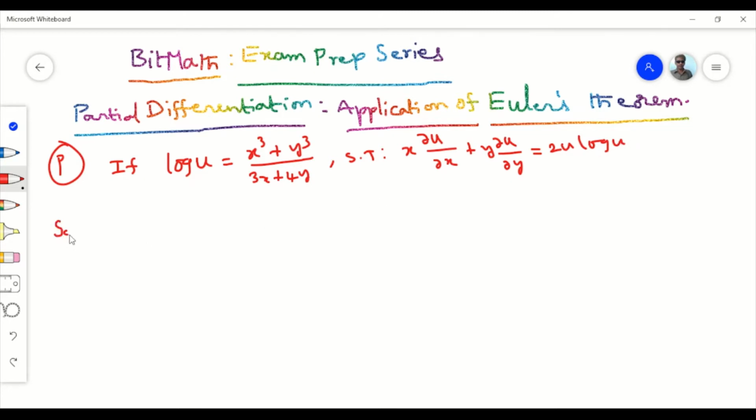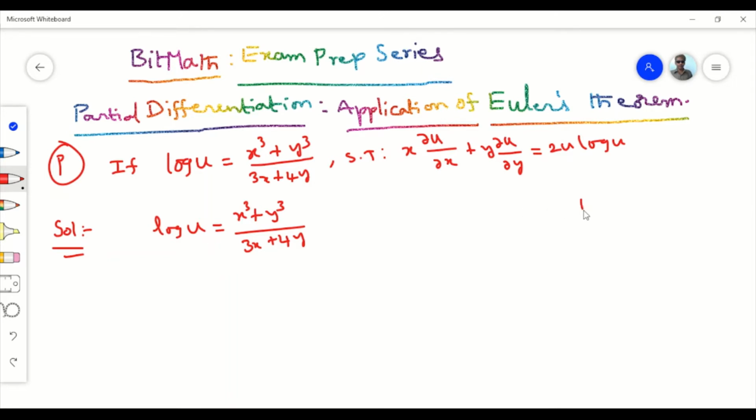Here we are given log u equal to x cube plus y cube by 3x plus 4y. If you see, this function x cube plus y cube by 3x plus 4y is a homogeneous function, but not u.